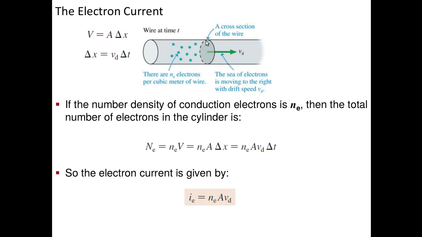That's my formula, but this is just a general expression for the volume of a wire: any cross-sectional area times any length of wire, any section of wire, delta x. So I'm going to take this A times delta x and substitute it in here for my volume.